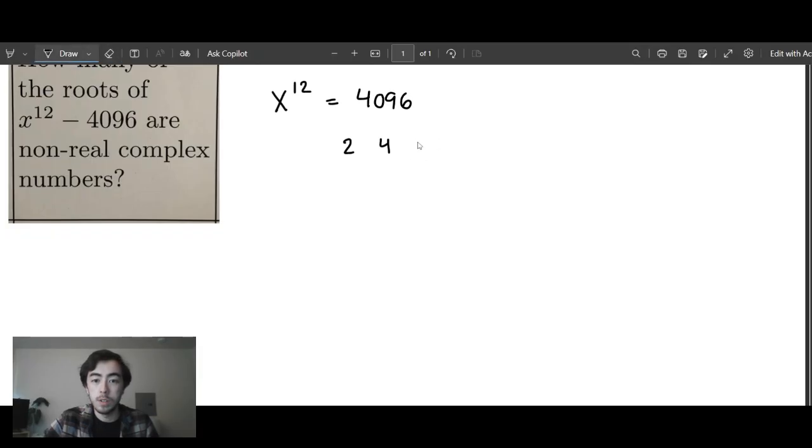I can go 4, 8, 16, 32, 64, 128. Actually, let me put that 128 here, because then hopefully all my numbers will line up in a nice little rectangle. There's 256, 512, 1024, 2048. There's a game a few years ago, I mean, it still exists, but it was popular, at least for me, a few years ago, that was called 2048.